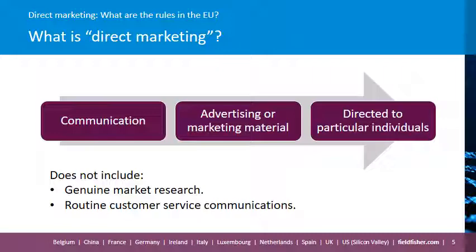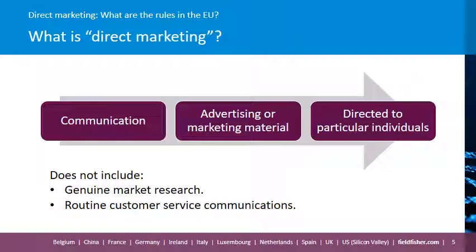Note that advertising or marketing material is wider than just material seeking to sell products and services. This concept also includes the promotion of aims and ideals, so it also covers material from non-profit organizations such as charities and political parties.